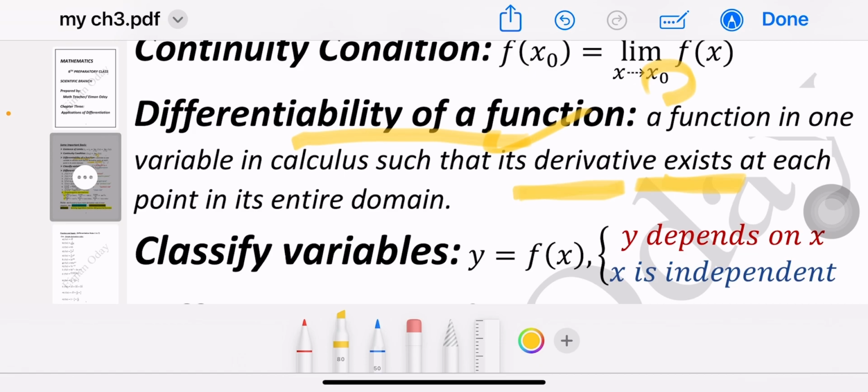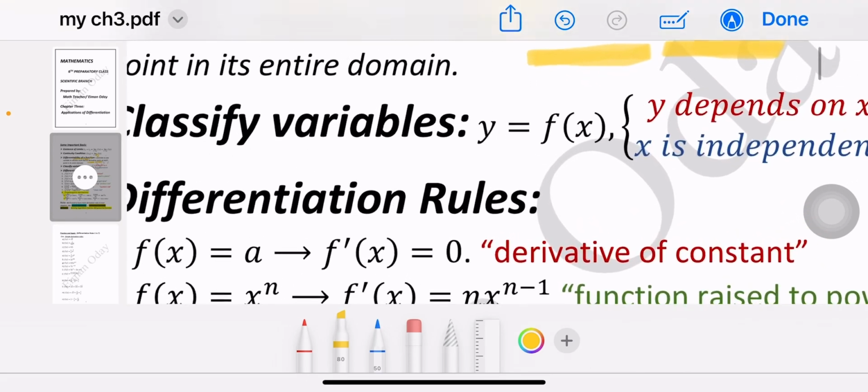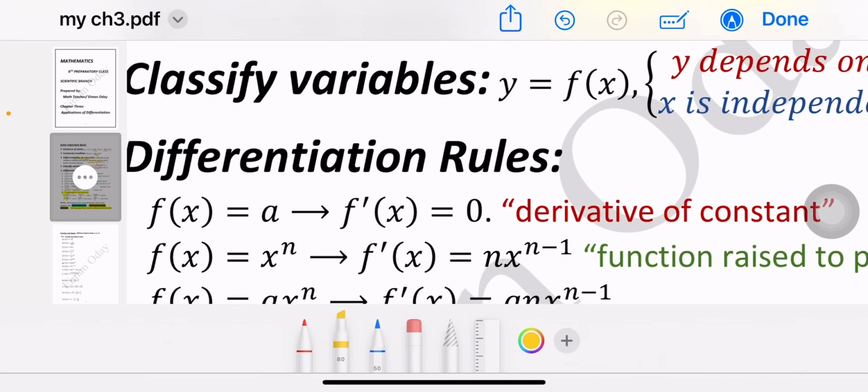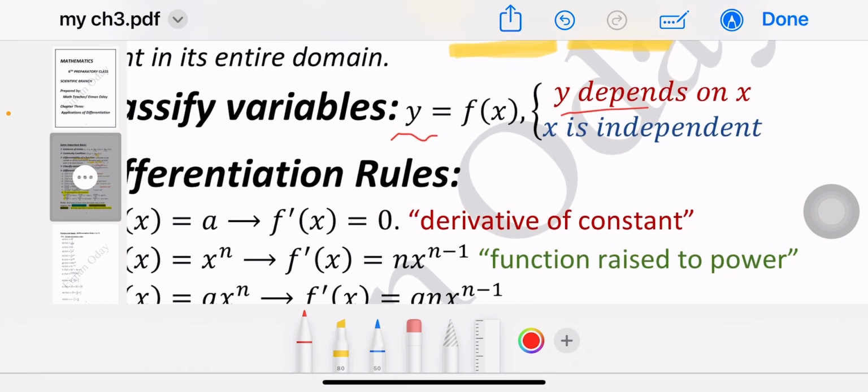When we derive a function, in truth, we are using a function in the form y equals f of x. So y is the dependent variable. Why is y dependent? Because y depends on the value of x that is input in the function f of x.